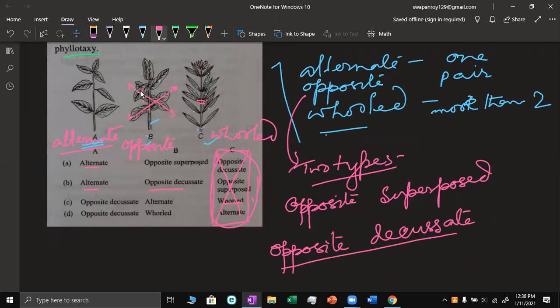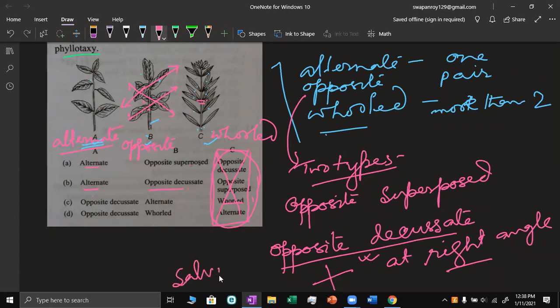Again, the next one in this direction, means the leaf orientation and their attachment at two successive nodes is at right angle. In the decussate, at right angle, means they are making a cross. All right, then it is called opposite decussate. This is found in case of salvia.